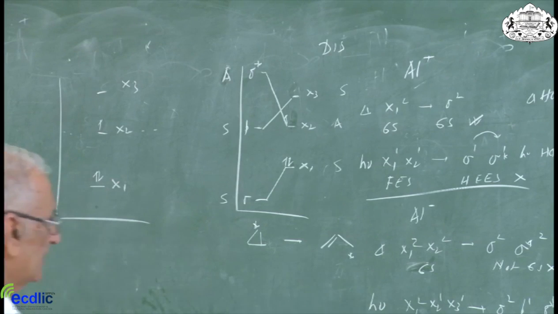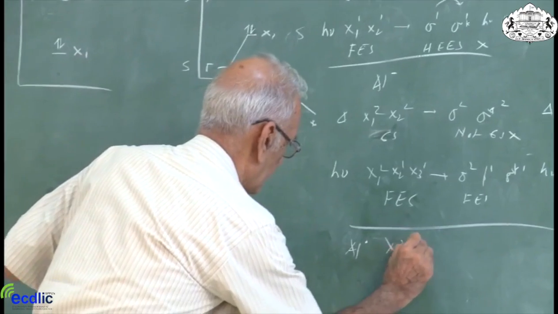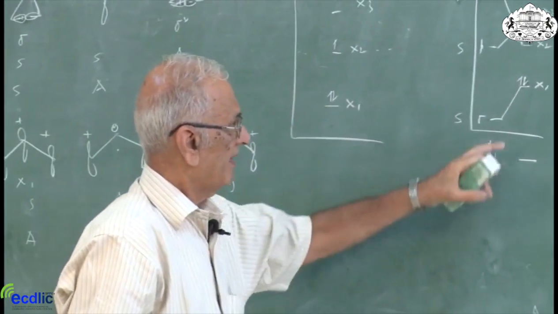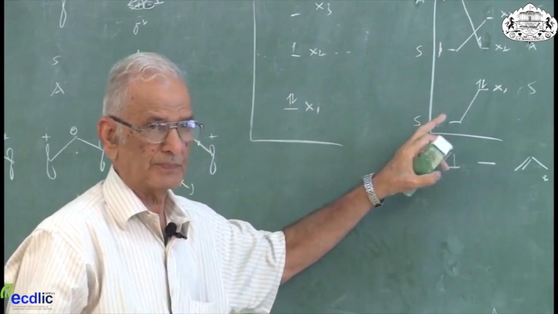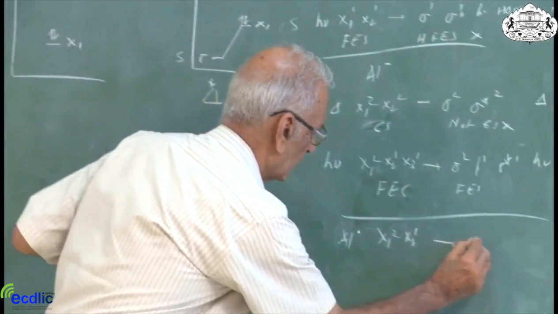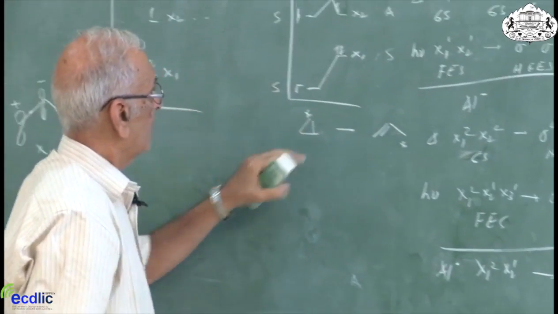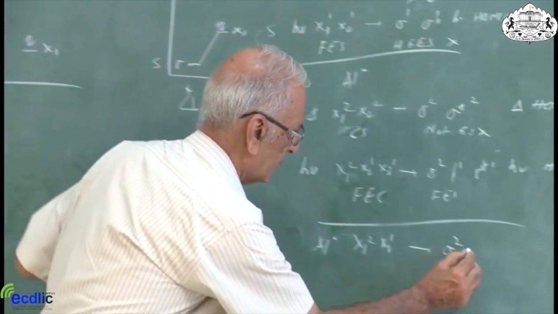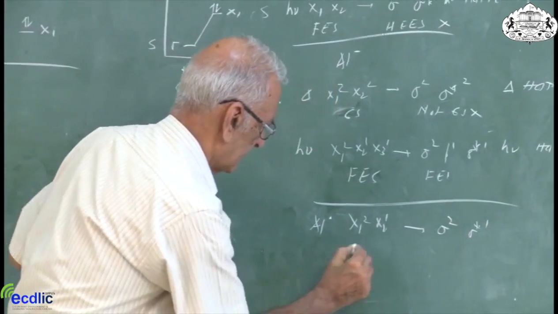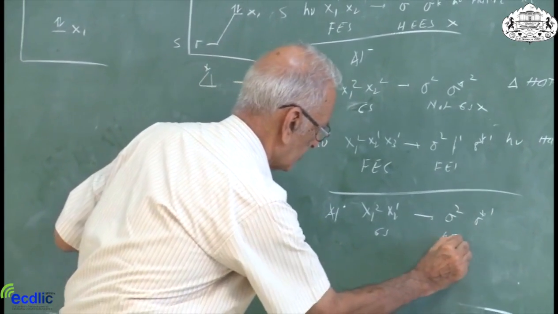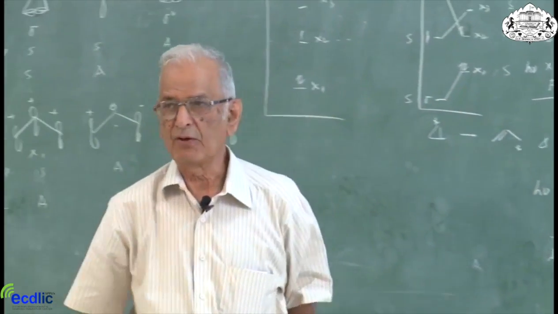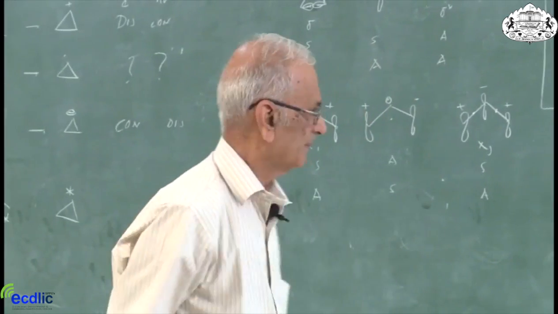So, x1 2 electrons, x2 1 electron. Where does x1 2 electrons go? It goes into sigma. Where does x2 1 electron go? It goes into sigma star. This is ground state, this is not the ground state. Therefore, it is disallowed.